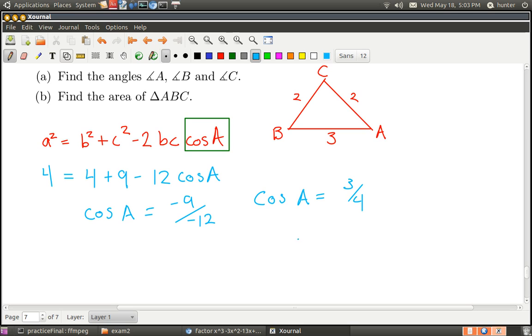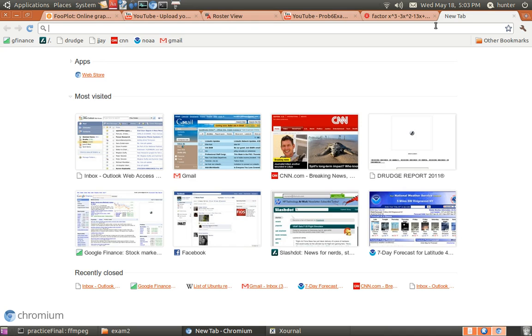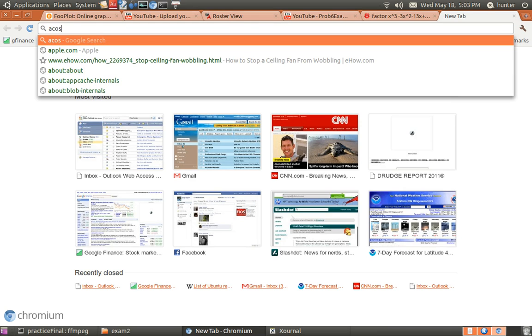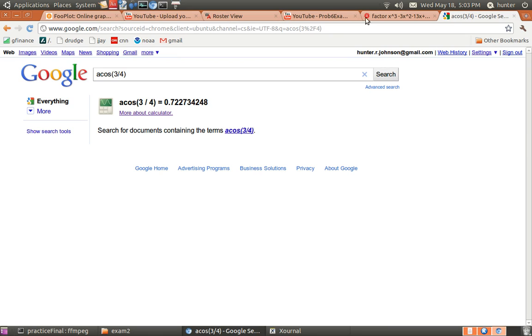And to figure out what A is, we need our calculator. The first thing in this whole exam we've needed the calculator for, but we need it. So let's see. Here's Wolfram Alpha. Let me go to Google. Let me ask it, what is arc cosine of 3/4? And it tells me the answer in radians, and I feel like working in degrees.